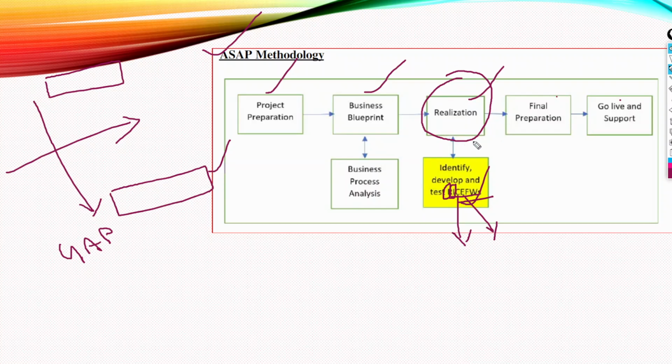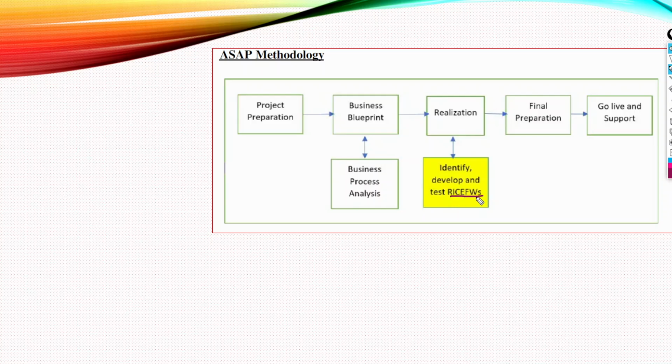So during your realization phase, you will use the concepts of RICEF. In some places they mention it differently, but both are the same, it is only the naming convention. In some places it starts with R, in some places it starts with W, both are the same. There is no significance for this sequence, don't worry about that.